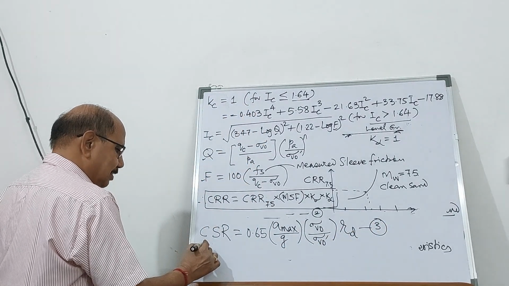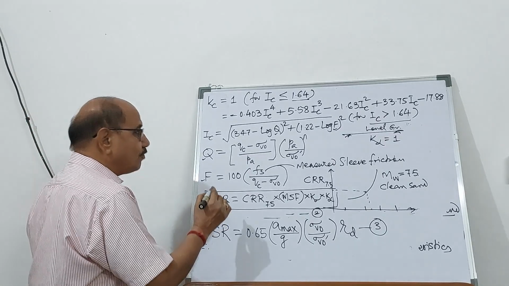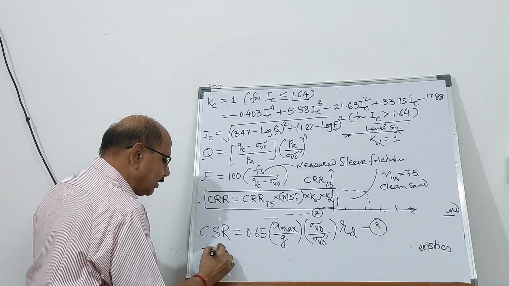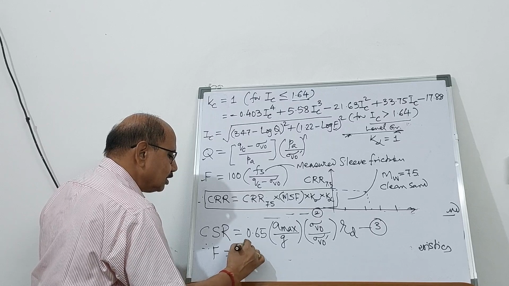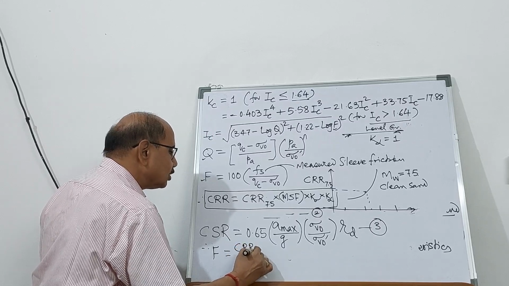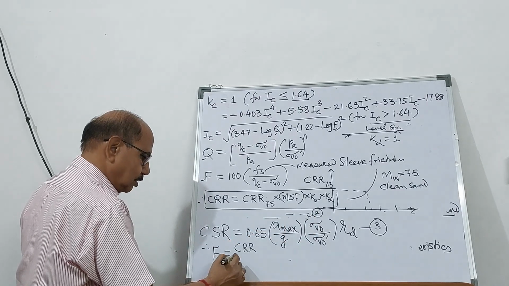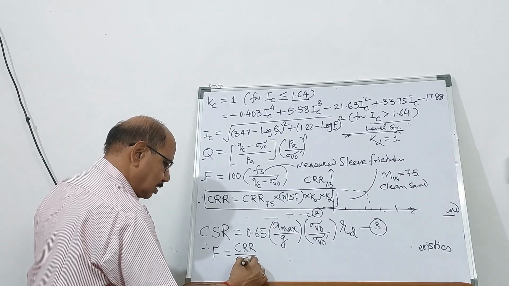Having got this, therefore, the liquefaction potential of any site, you can find out by calculating the factor of safety, which is equal to the cyclic resistance ratio, CRR, which you obtain from this, divided by CSR.